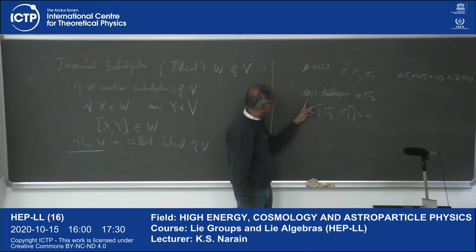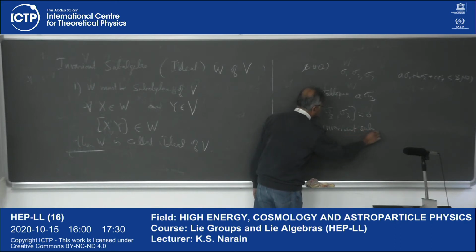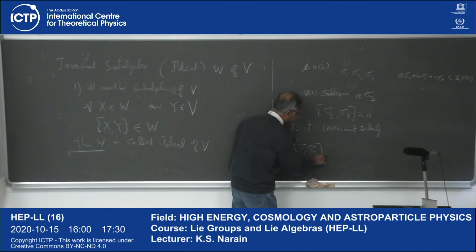But the question is, is it an invariant subalgebra? That's one question you can ask. And the answer is no, because if I take sigma 1 with sigma 3, the commutator is not in the subalgebra here.